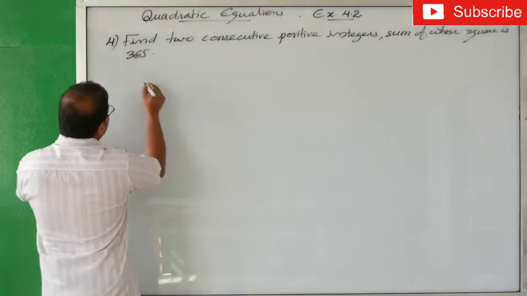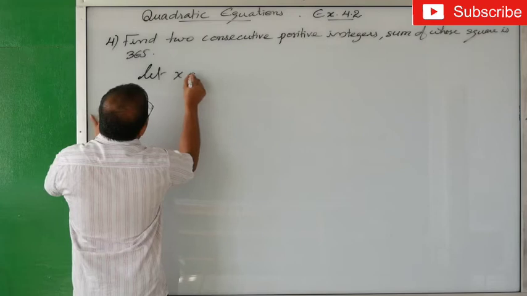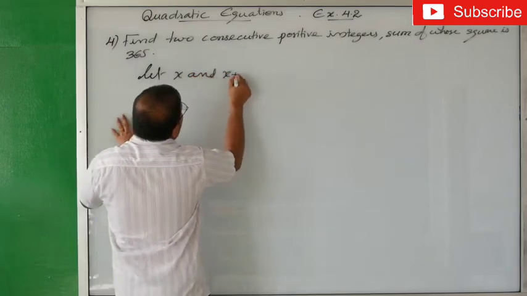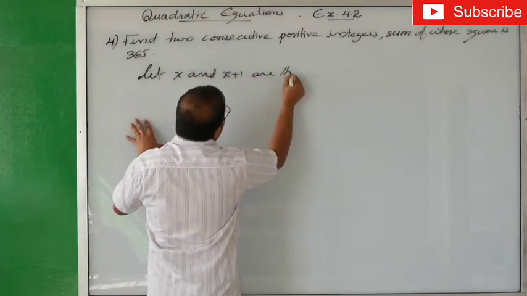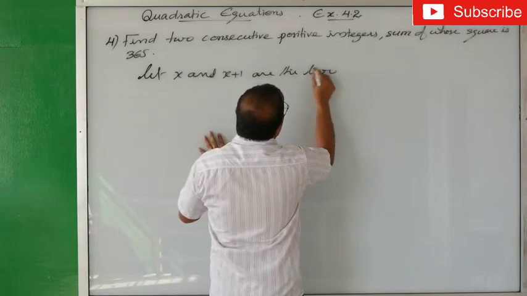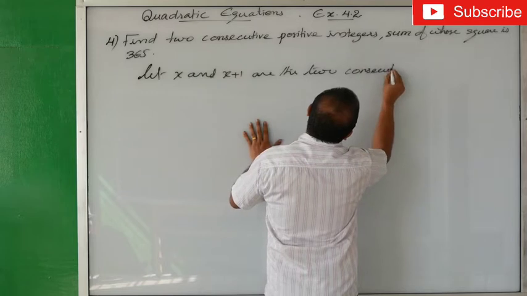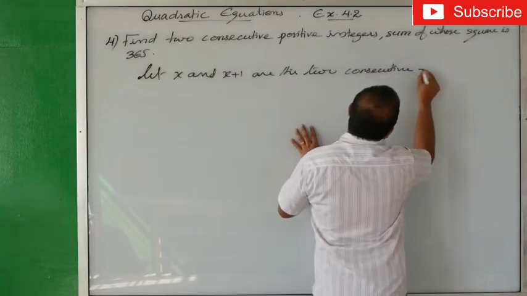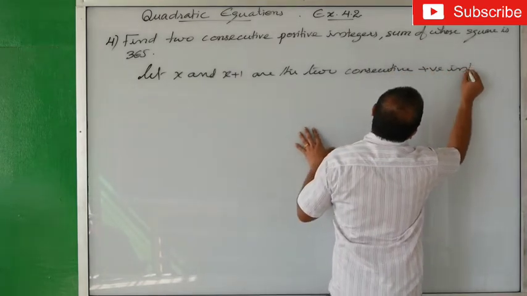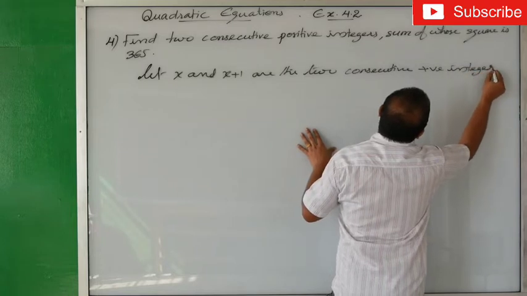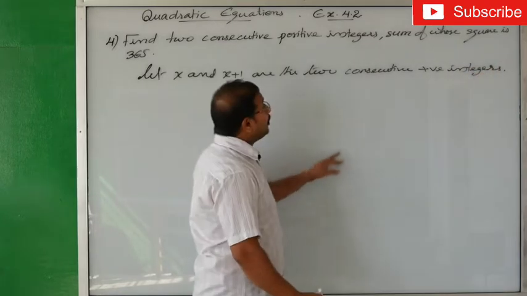So we are taking, let x and x plus 1 be the two consecutive positive integers. Ready? Now what is given?